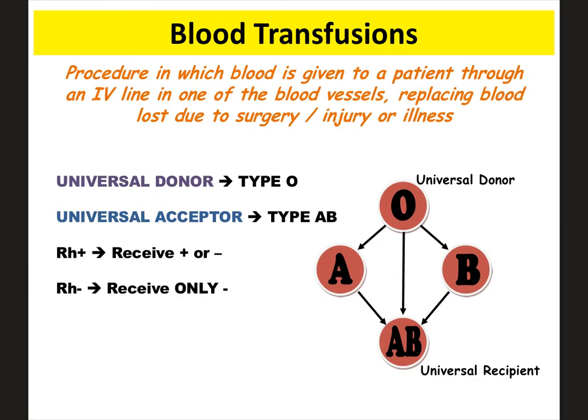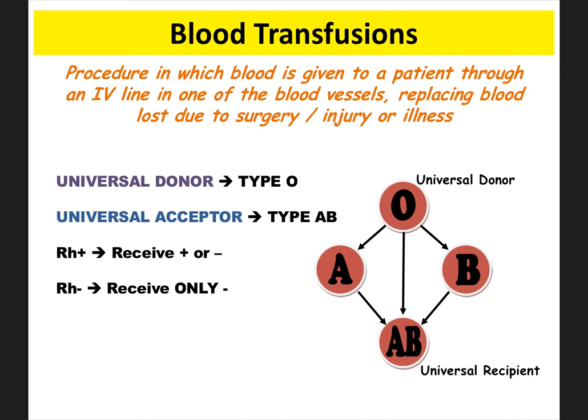So obviously, blood transfusions are when you need to be given blood for whatever reason, due to surgery, illness, injuries. As we talked about here, you have to be careful about which type of blood you get because your body is producing antibodies that might attack a specific type of blood. So the universal donor is type O blood.